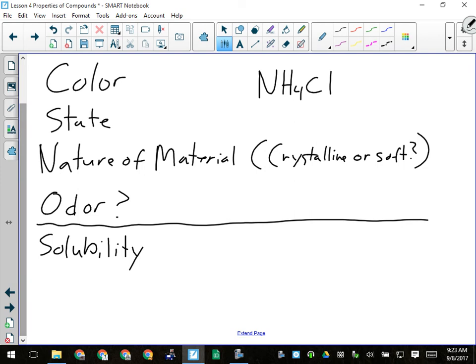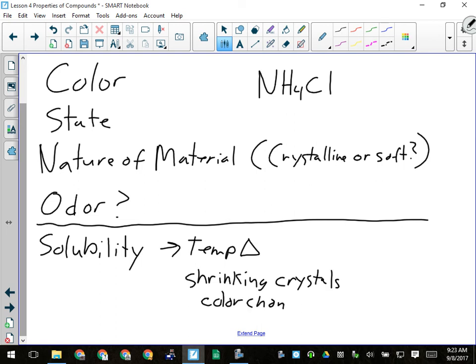In the solubility test, those are some things that we would look for: temperature change (delta means change), shrinking crystals, or color change of the water. Those would all be things we'd be looking for.